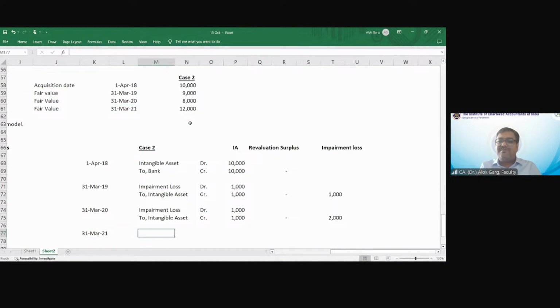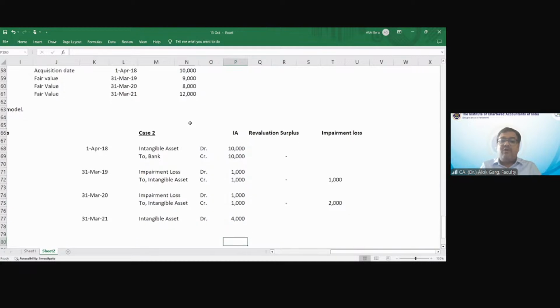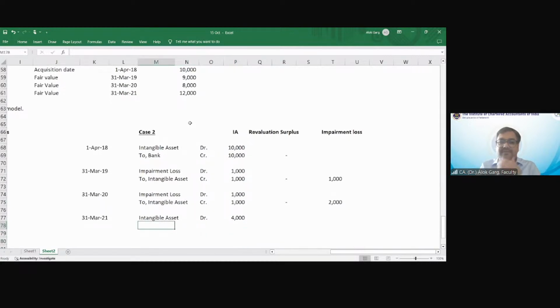What to do now? The value has gone up. You have to debit your intangible asset by 12 minus 8, that is 4,000. But what do we need to credit? Revaluation reserve to the extent of 2,000. P&L. So we need to credit P&L. Whatever impairment loss we have debited, first of all, we will credit that impairment loss.